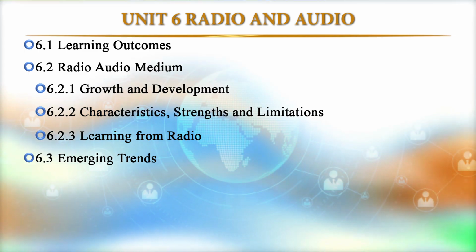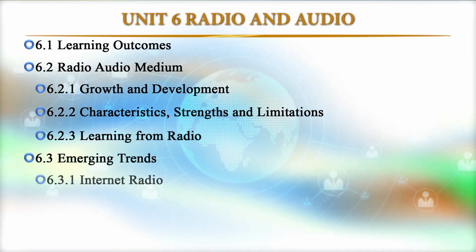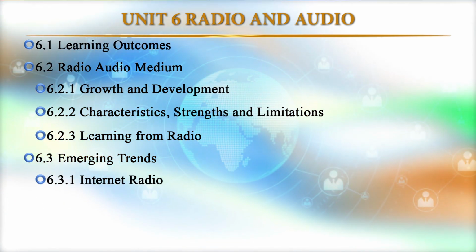For example, in earlier days we used radio as a medium. Now there is internet radio also available, and web based radio is also available. These are the latest technologies, and you can go through and analyze how we can use them in our course content or course delivery.